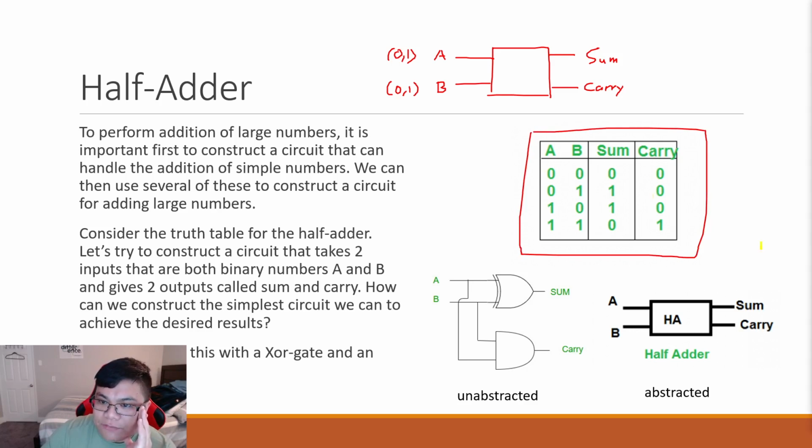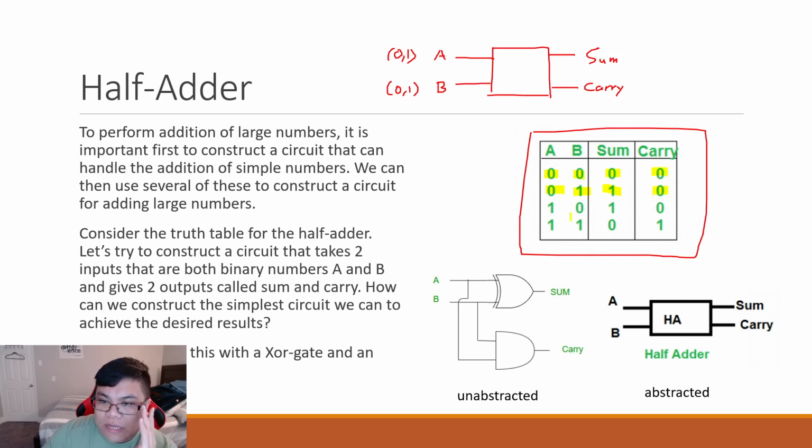When A and B are equal to 0, if we add 0 and 0 together, we get a sum of 0 and a carry of 0. If A was 0 but B was 1, we want the sum to be 1. When we add 0 and 1 together, there's no carry involved, so we want the carry bit to be 0.